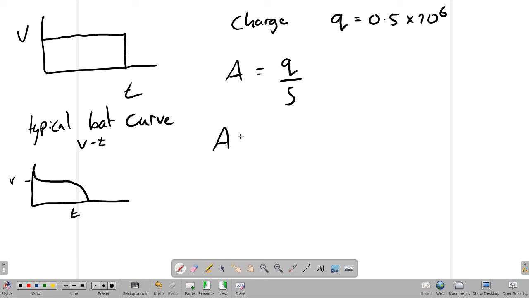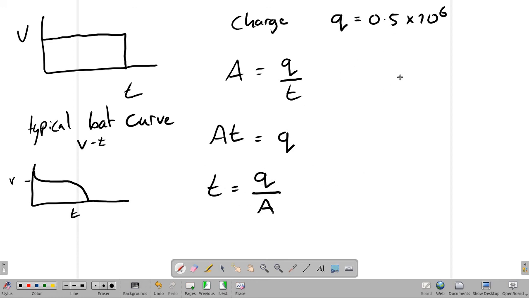So an amp second is a coulomb, and then we can divide by current. So we get our time, T. We can divide both sides by current to give us T equals our charge divided by our current.